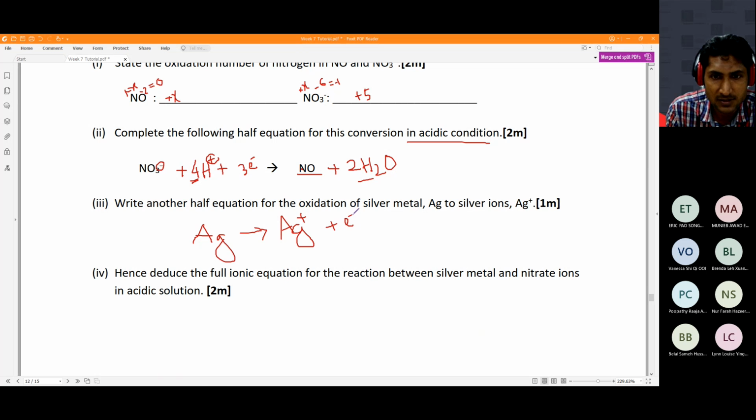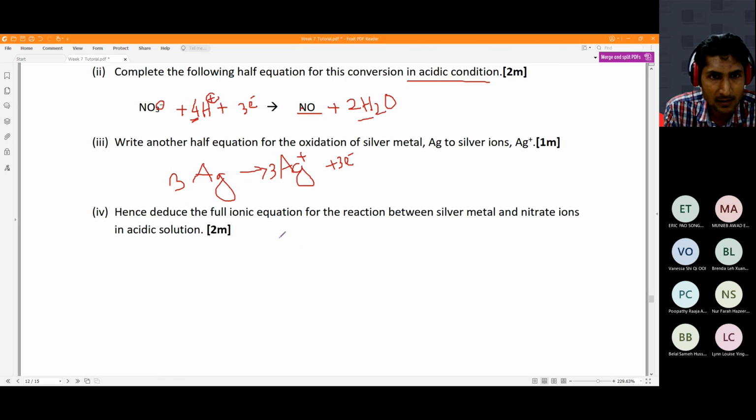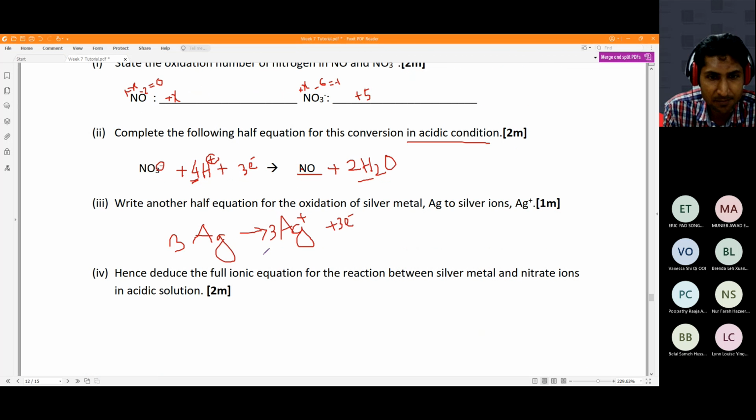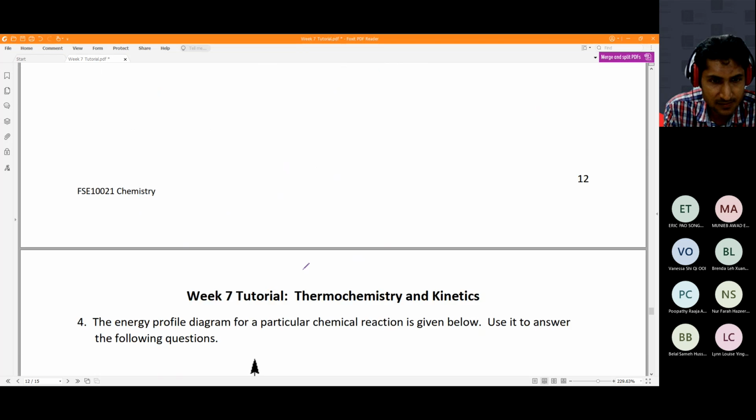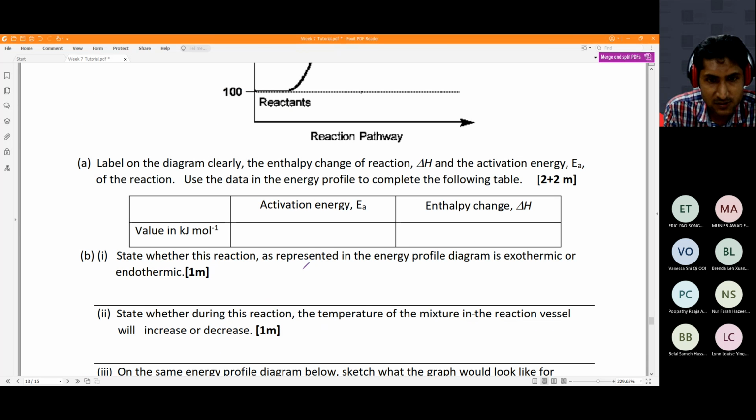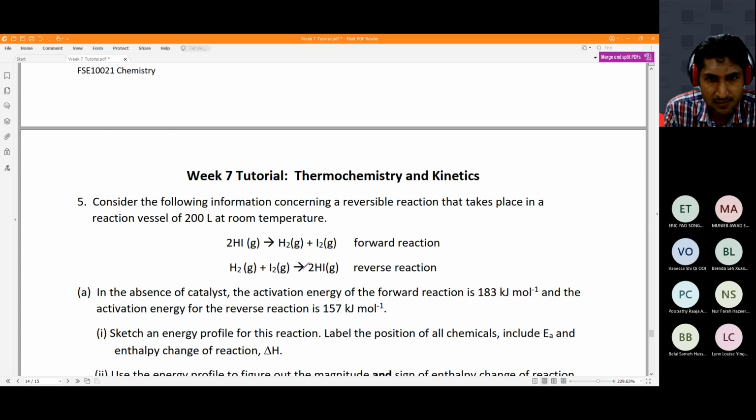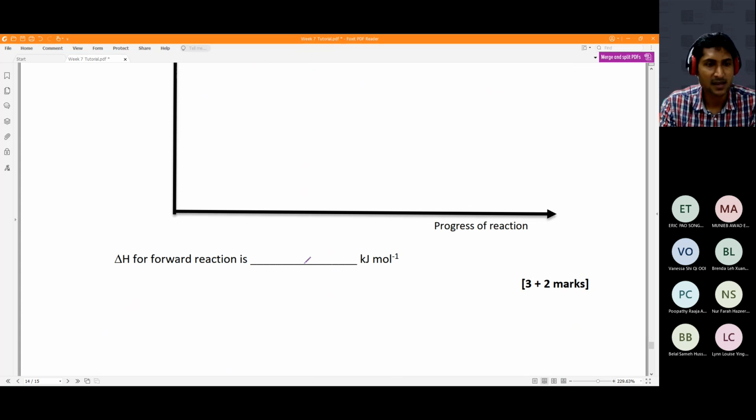So 1 electron. Now, since I have to have 3 electrons, 3 silver atoms are producing 3 electrons, and these 3 electrons are being used here. So the full reaction, you just need to sum these two up, and then you get the reaction. All right, so this is it basically, and then forward reaction is all the same thing.